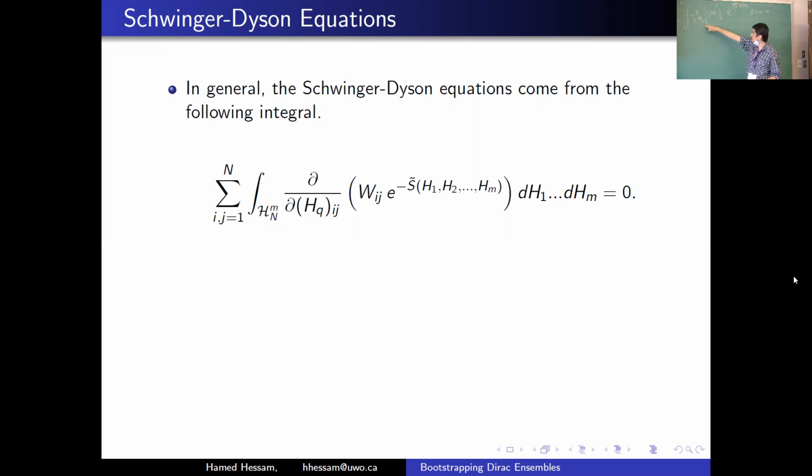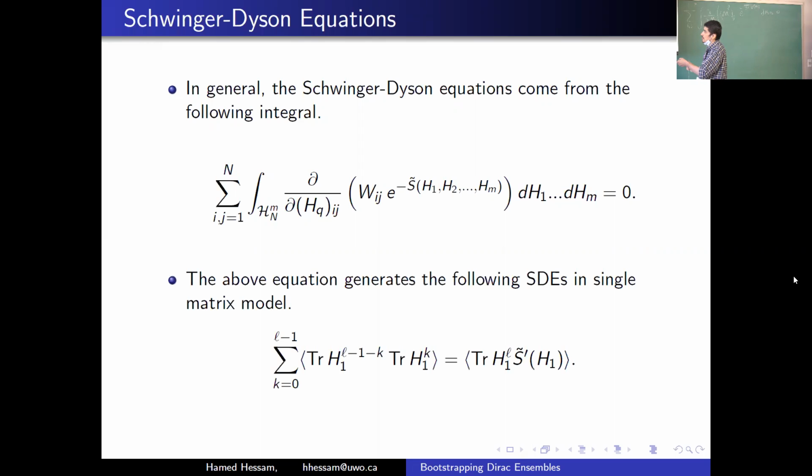If we take the partial derivative of the first component, we will end up with the following equation in the single matrix model. The left-hand side comes from the partial derivative of this part, which is cutting an edge from a boundary, with one boundary becoming 2 boundaries.